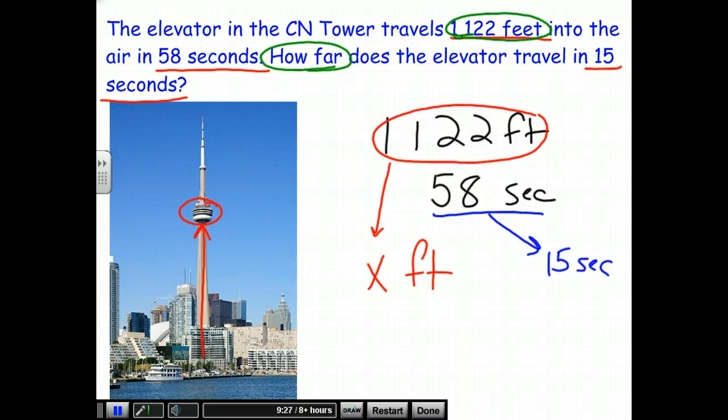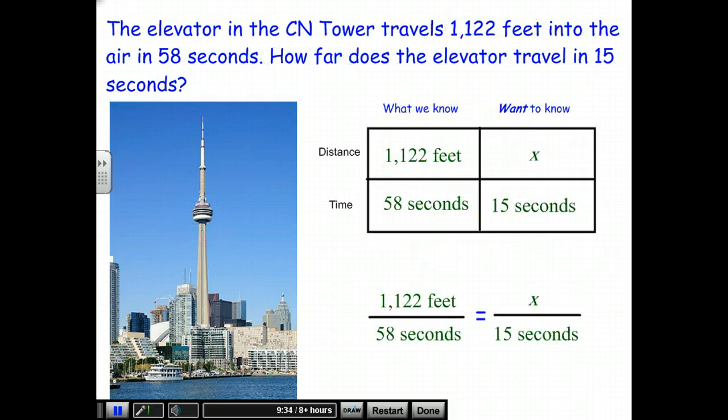So when we set this up in our 2x2 table if you want, or just immediately in our proportion if you want, what we know for distance over time is that a distance of 1,122 feet is traveled in 58 seconds. That means what we want to know is the number of feet, again, feet, making sure that both numerator values or top values represent the same kind of unit in 15 seconds.